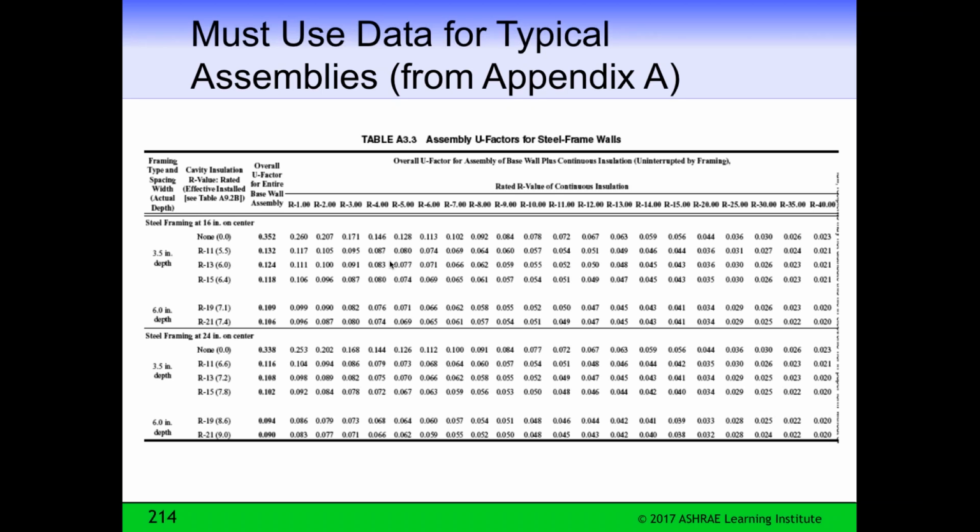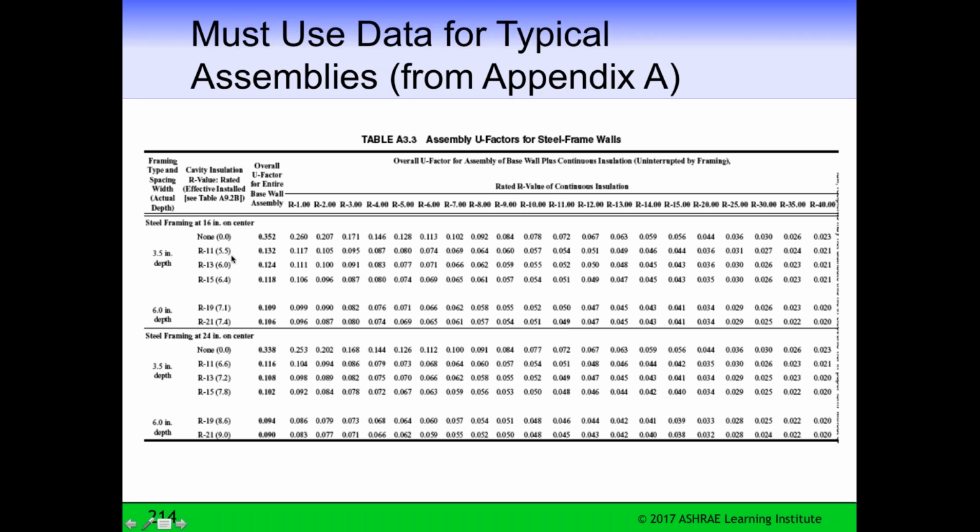Then as you begin to add R value of continuous insulation outside the studs, this table gives you the equivalent U value for the R value that you're using.